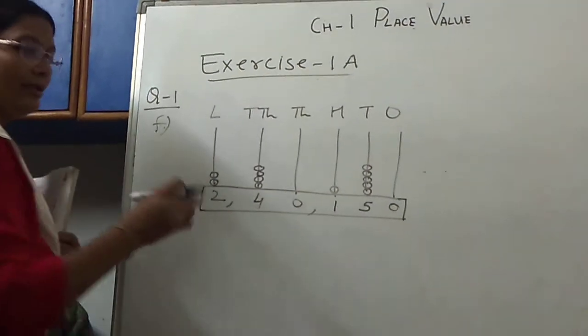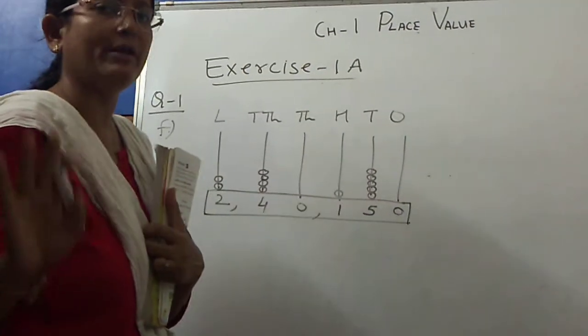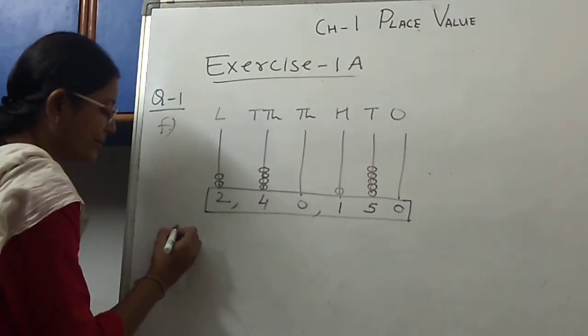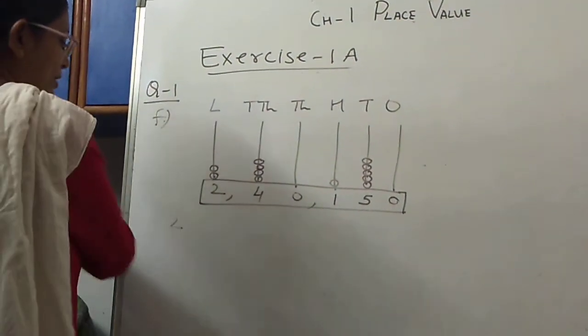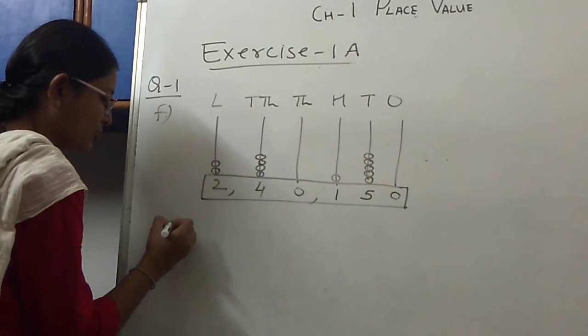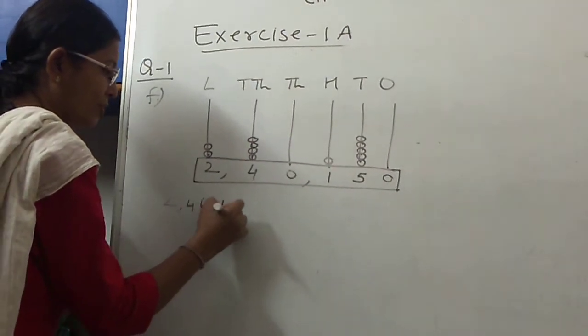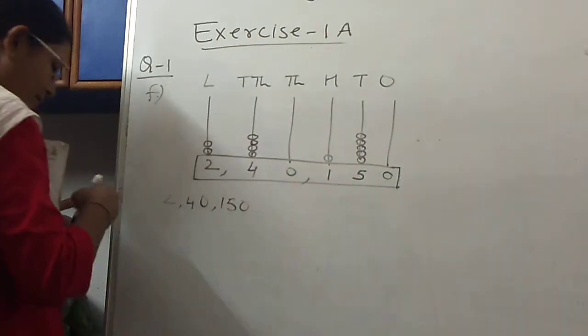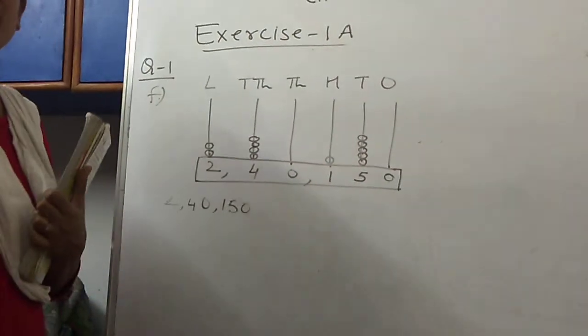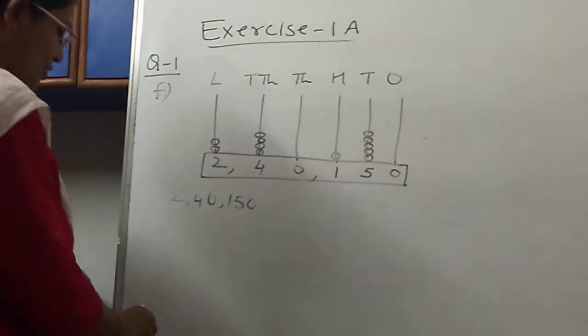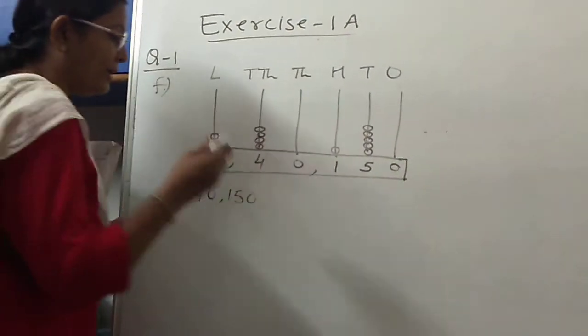I think you all have already written it, but how to write that, I am also explaining. First you have to write the number here. 2,40,150 in figures. Sorry, in figures you have to write, and then you will write in words.